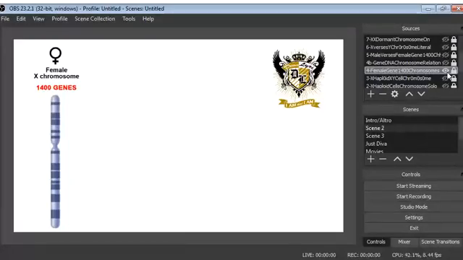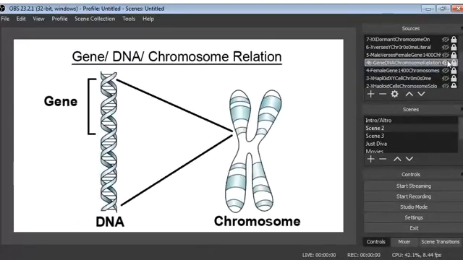And once again, let me break down what the difference is between the gene versus the DNA versus the chromosome. Now you have this long DNA strand, and that long DNA strand has many genes in it, and many genes make up a chromosome. And so that's what we're looking at when we're looking at all of these strands.